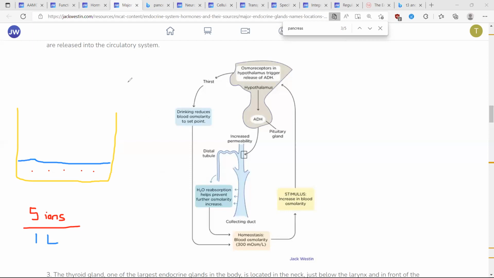Now, what if I dump a bunch more water in? That's essentially like, what if you drank a gallon of water, right? And we dumped in another 1 liter of water, right? Now we have 5 ions per 2 liters, right? So what happened? The amount of ions per liter decreased, right? Before we had 5 ions for 1 liter. Now we have 2.5 ions for 1 liter, right? That's a decrease in osmolarity.